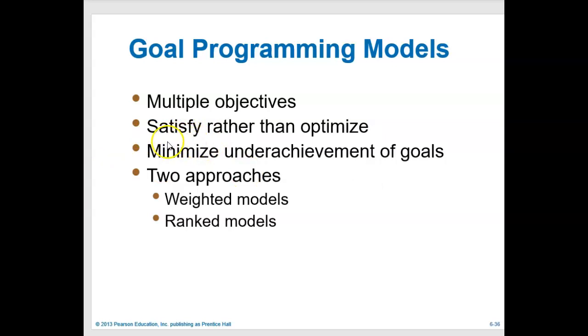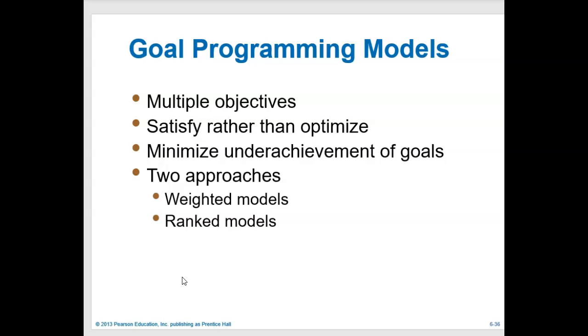The key word here is that in a goal programming model, we try to satisfy the multiple objectives rather than optimizing them. So remember that in an LP model, we optimize, whereas in a GP model, we satisfice.